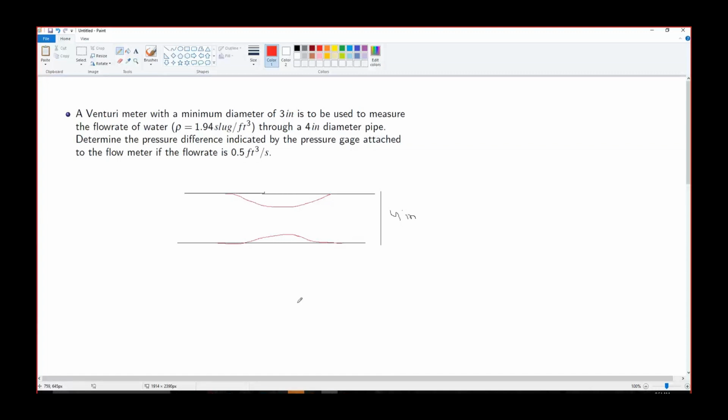This is the Venturi meter, and this is your point 2 here, and this is point 1 here. Point 2 is located at the center line of the Venturi meter, like here. The minimum diameter of this Venturi meter is 3 inches.